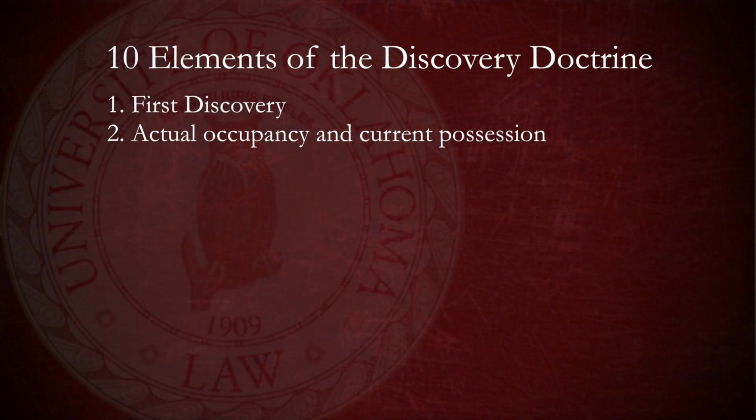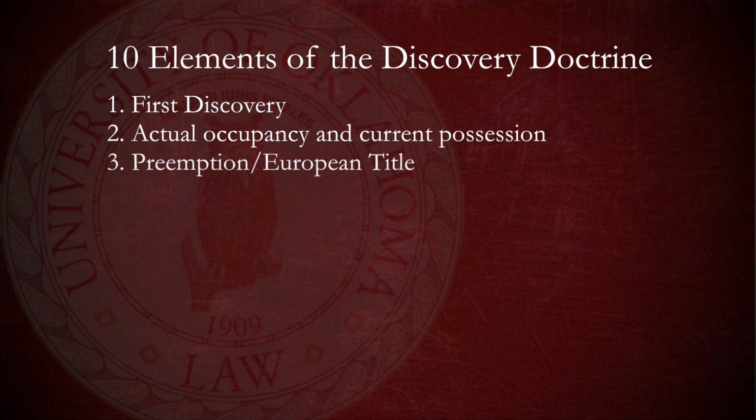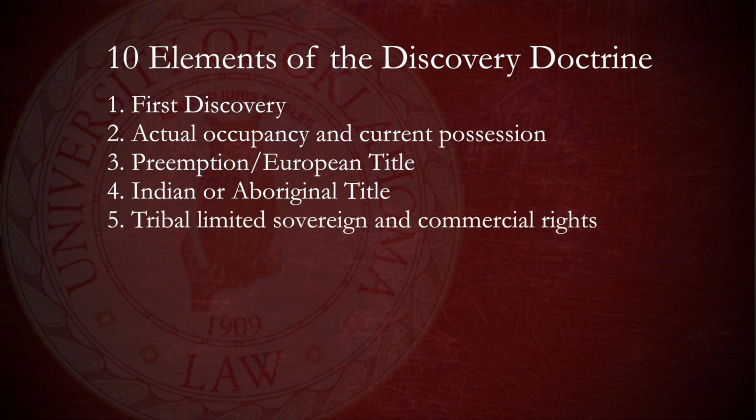There are the 10 elements that we just loosely went over. They were first discovery, actual occupancy and current possession, preemptive European title, which is the impairment of the indigenous title, Indian title and how it's defined, and it's defined multiple ways depending upon the sovereign. Tribal limited sovereign and commercial rights.